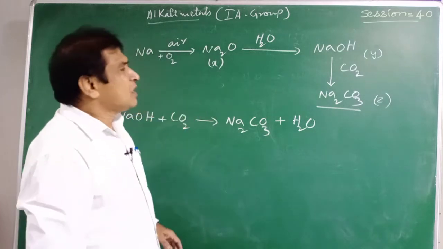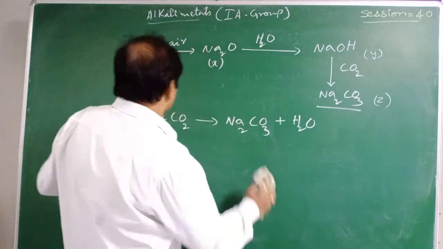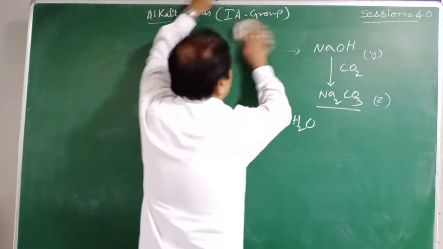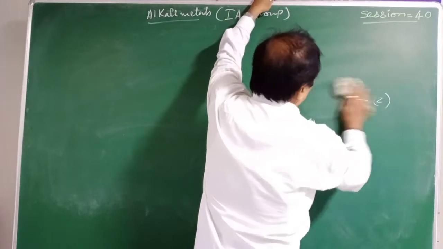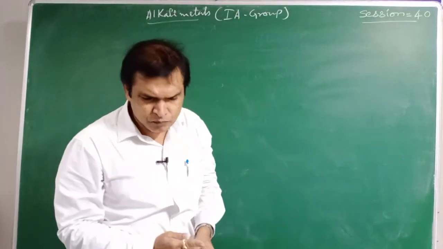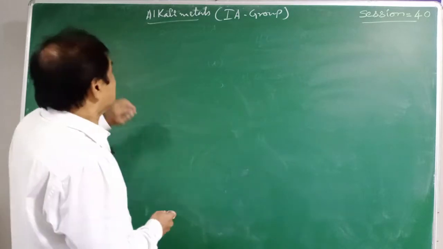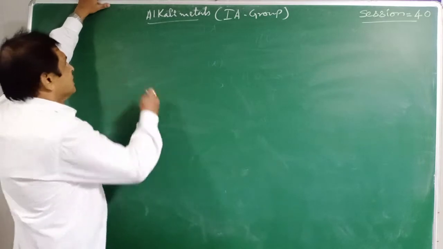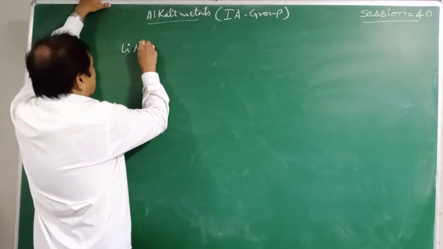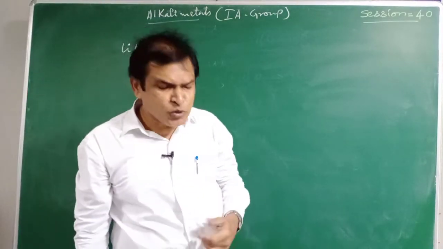Okay, that is carbonates and bicarbonates we completed. Then, let us see nitrates of alkali metals. Solubility of nitrates, NO3. From top to bottom, the solubility of nitrates also increases.